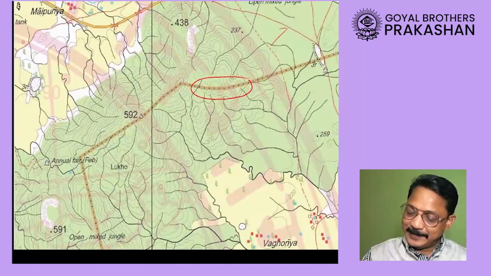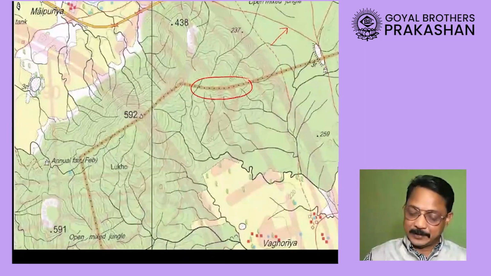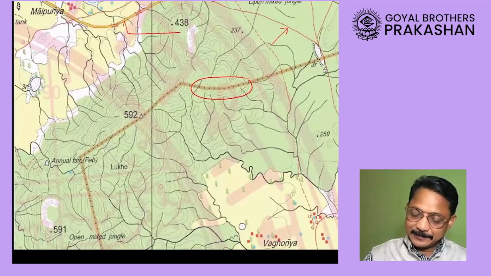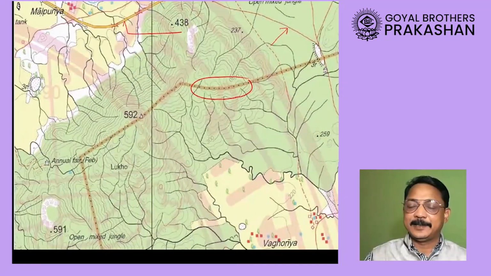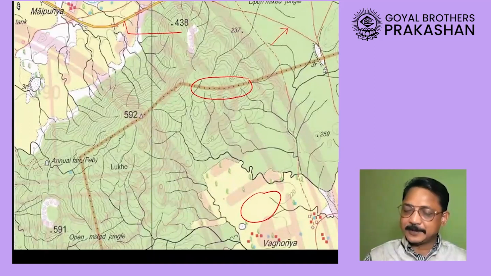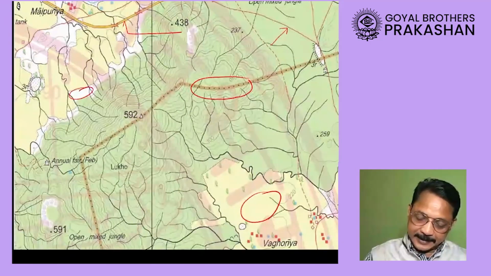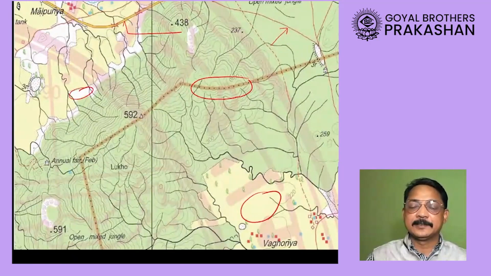This red color line is a car track. This yellow color line is a metal road, district road. Yellow color is seen, what is it? Yes, it is agriculture. White color is seen here, what is it? Barren land, correct.